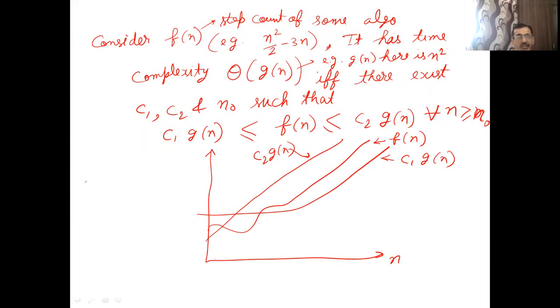So effectively, f(n) is sandwiched between these two curves. Sandwiched means I have an exact bound.